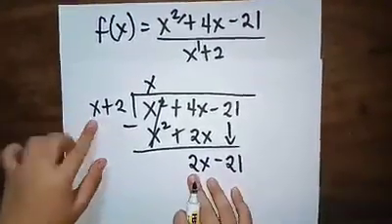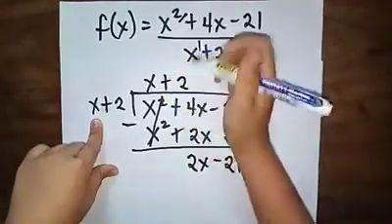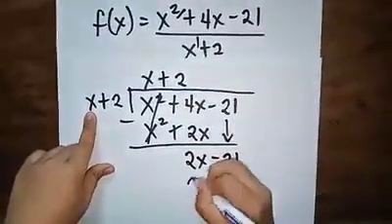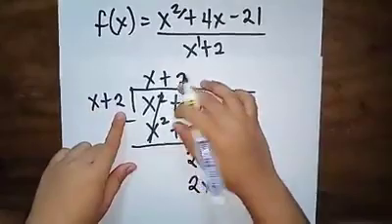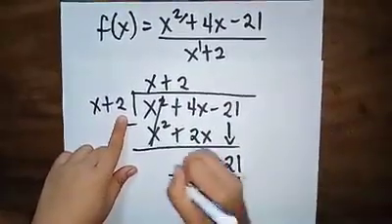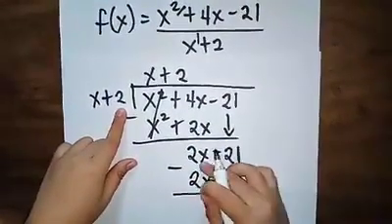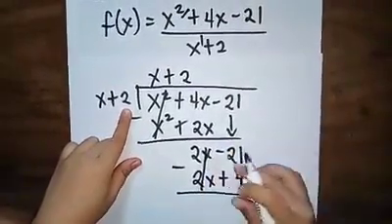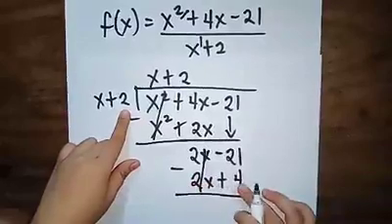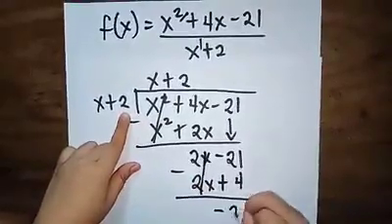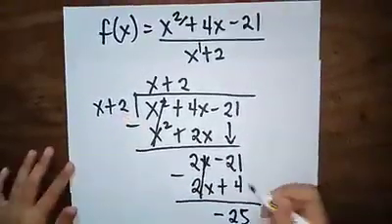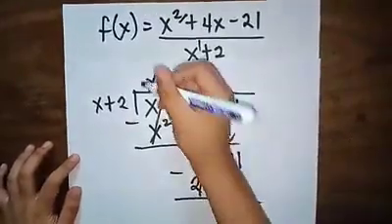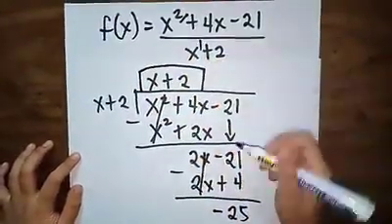So 2x divided by x equals positive 2, then 2 times x equals 2x, then 2 times 2 equals positive 4, then subtract. 2x minus 2x is equal to 0 or cancel, then negative 21 minus positive 4 equals negative 25. Our oblique asymptote is x plus 2.